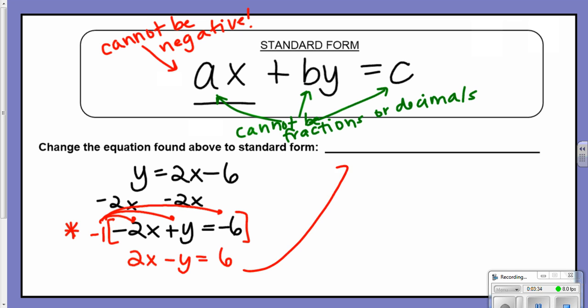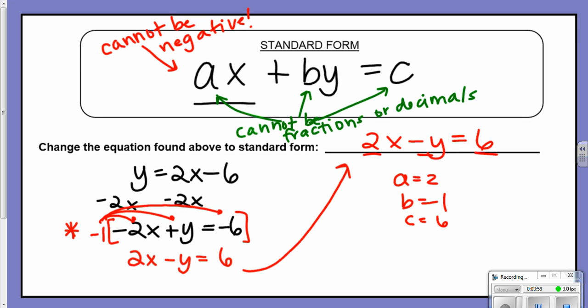So I can now put that in the blank. That is standard form. 2x minus y equals 6. We have ax plus by equals c. In this case, the a is 2, the b is negative 1, and the c is 6. Okay? I have not broken any of the rules. Nothing's a fraction or a decimal. And the a is not negative. B is, but that's okay.